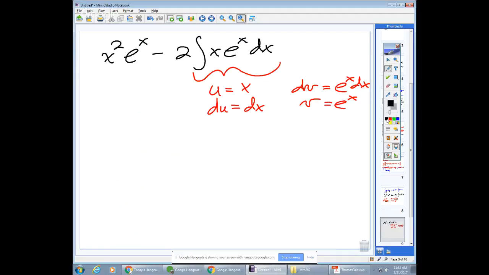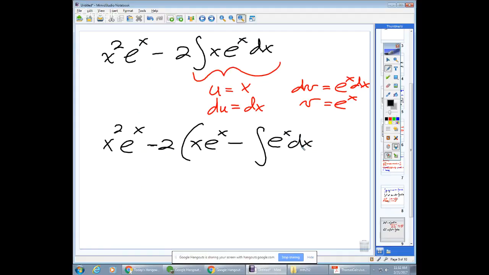Putting that all together, we have our original x squared e to the x hanging out, minus 2 times parentheses, u times v is just x e to the x, minus, always a minus next, the integral of v du, which is just e to the x dx.